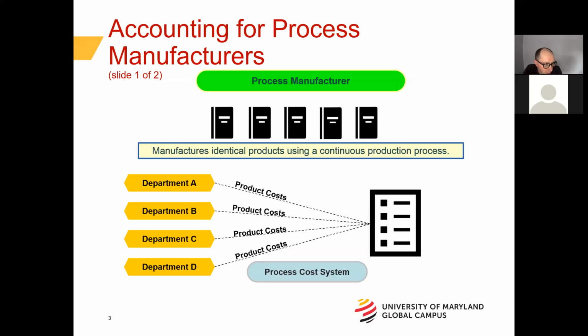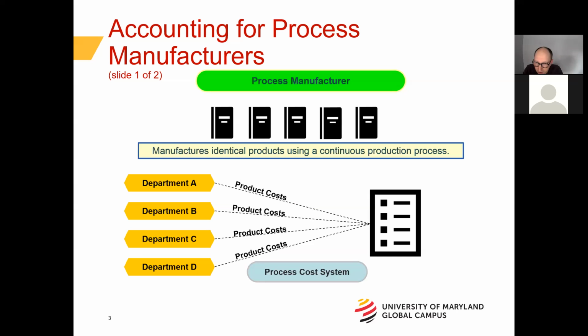And in Department B, I don't know, what's next after mixing the ingredients? They probably do some other process to it. They add ice, I don't know. And so they're adding some more direct labor and more factory overhead, and then when they're done with their part, they send it off to Department C. Department C gets the ice cream after it's done in Department B, and they drop the ice cream into the containers.